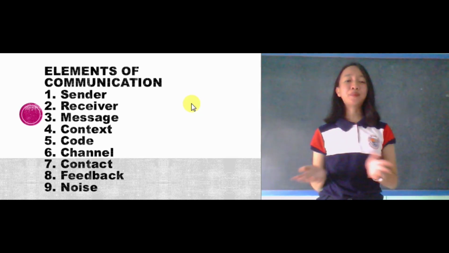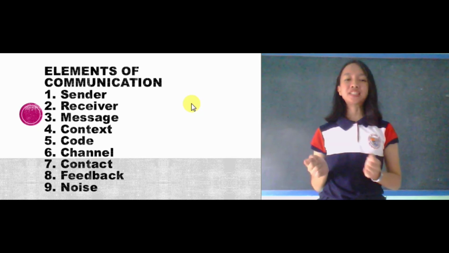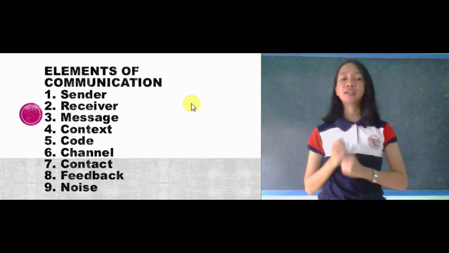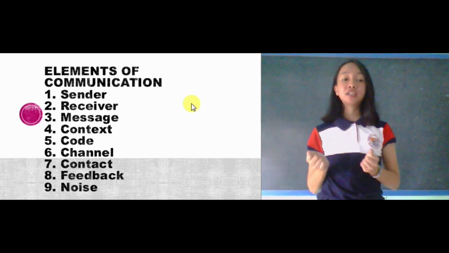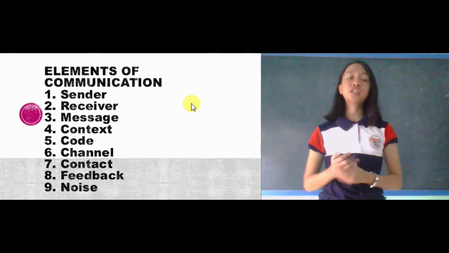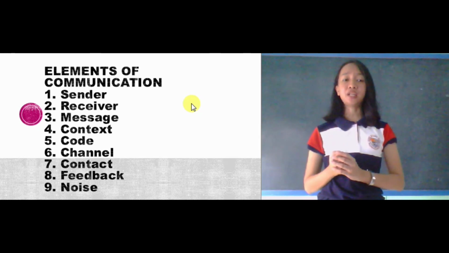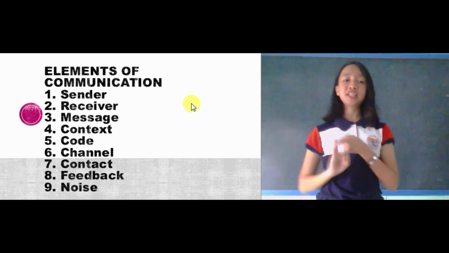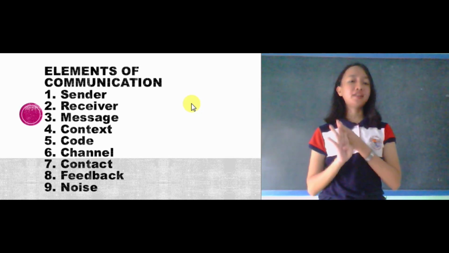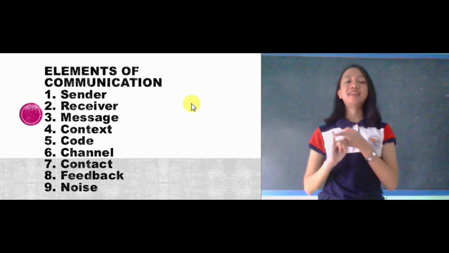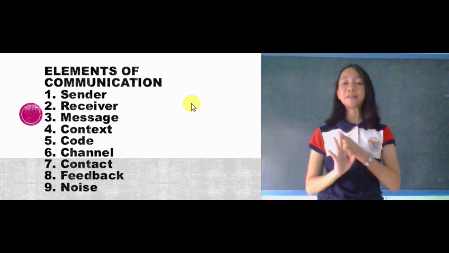And the last one is the noise, which interferes in the transmission of the message. So those are the 9 elements of communication: the sender, receiver, message, context, code, channel, contact, feedback, and noise.